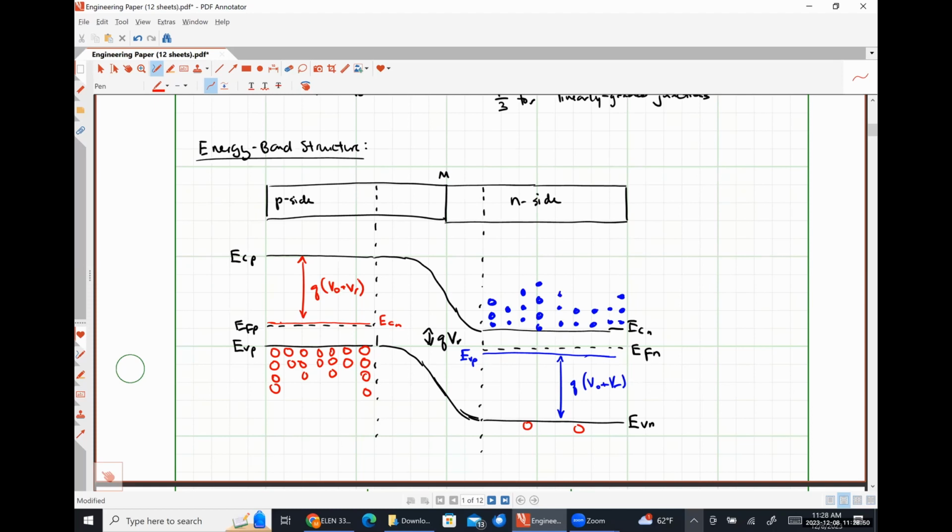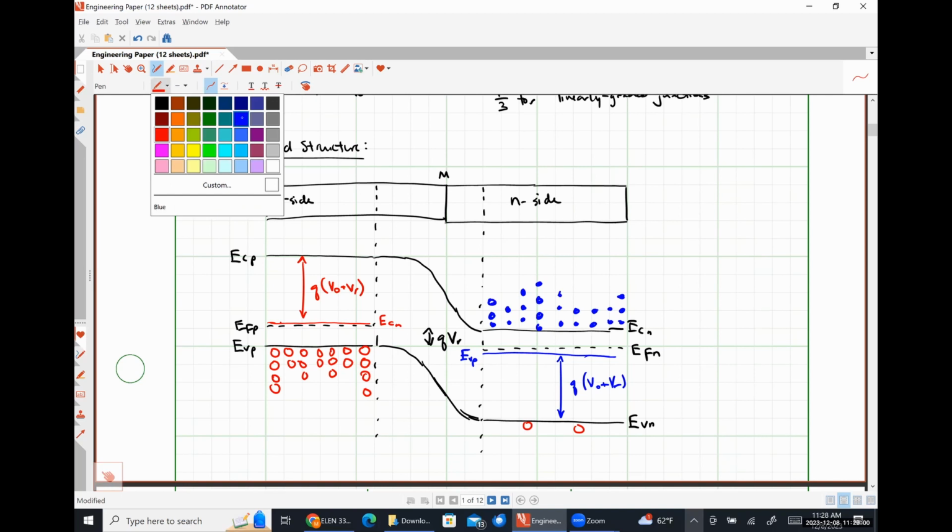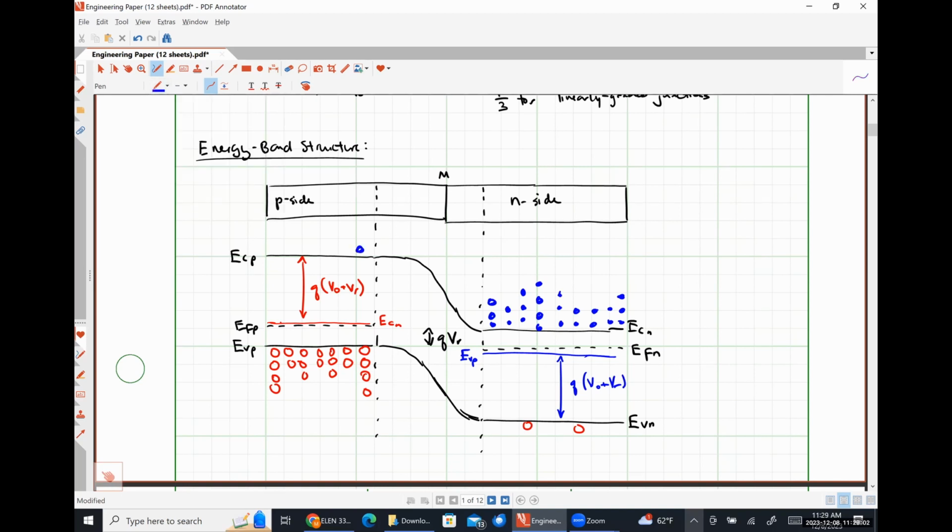But it's going to be pretty easy for minority carrier electrons here to roll down this slope and get to this region, right? So that's what our minority carrier extraction process is going to look like. Electrons going down have a very, very easy time of it, and holes going up have a very, very easy time of it. So we can see that minority carriers are principally responsible for current conduction in a reverse bias junction.